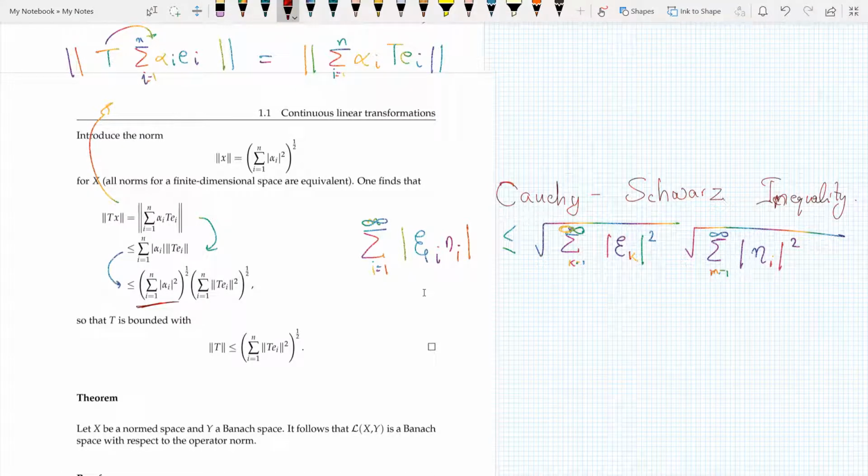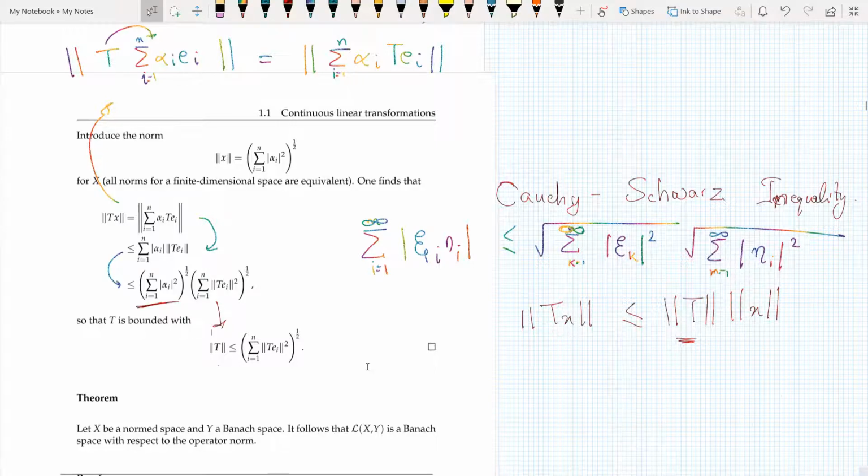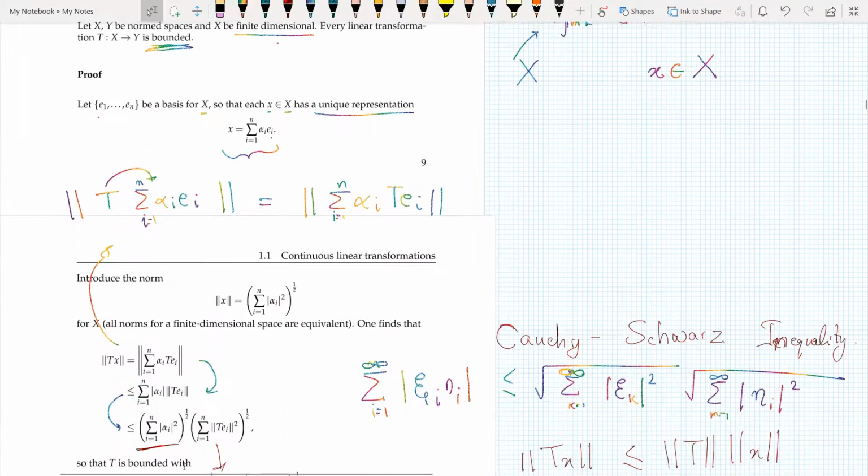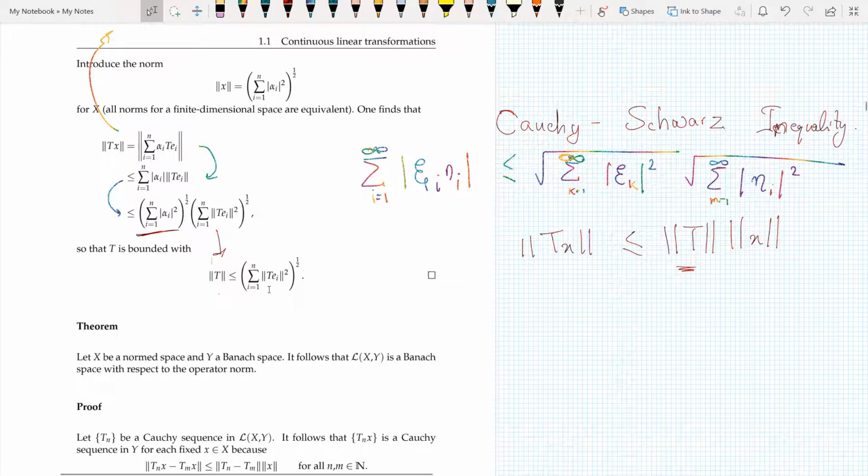I know in life that the norm of Tx is less than or equal to the norm of T times the norm of x, and now we already have the norm of x. So my norm of T should definitely be less than this quantity. And this is exactly how I prove that T is bounded, because if you remember, if the norm of T is less than some constant, then T is bounded, and as we can see here, it is less than this. So of course my operator T is bounded.